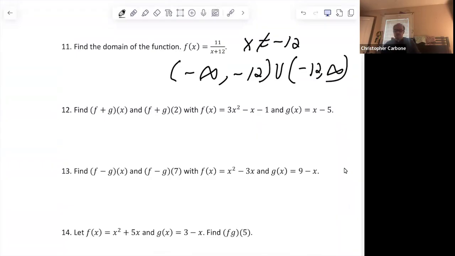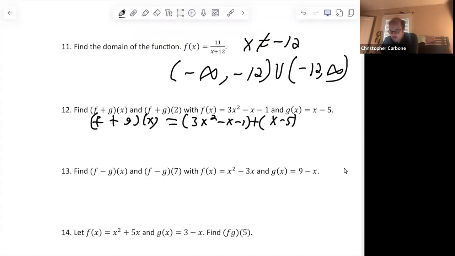We want f plus g of x and f plus g of 2. But f of x is 3x squared minus x minus 1. G of x is x minus 5. So for f plus g of x, 3x squared minus x minus 1 plus x minus 5 is 3x squared minus 6.